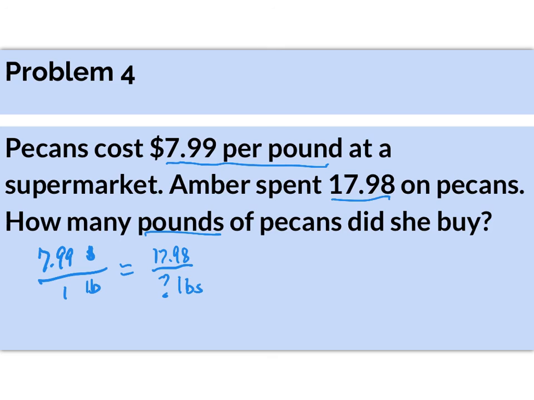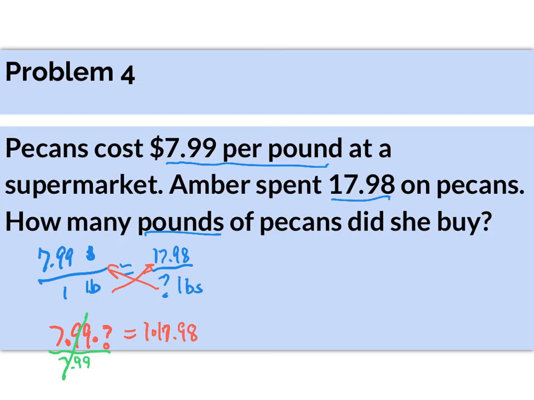So now, just like in the previous problem, you're going to have to cross multiply. So $7.99 times a question mark, or I could just put a variable for pounds because I'm getting rid of all the units, equals 1 times 17.98. And again, to get rid of the $7.99, you divide it by itself. And why do we divide it by itself?